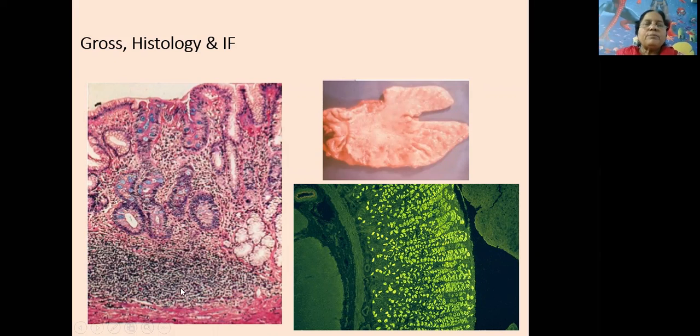And sometimes we find lymphoid hyperplasia, nodules, all that is seen because of the autoimmune nature. And by immunofluorescence, if you look for the antibody, this is how they fluoresce the mucosa, all the autoantibodies are being seen.